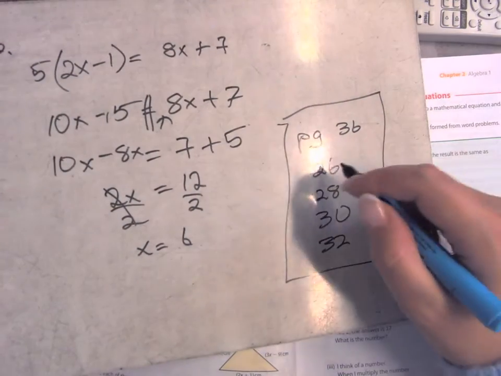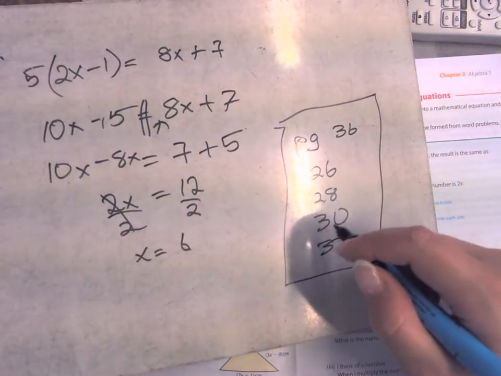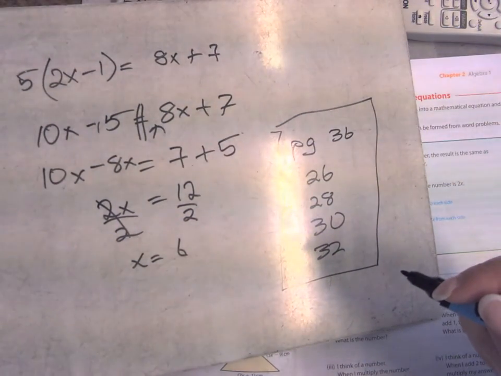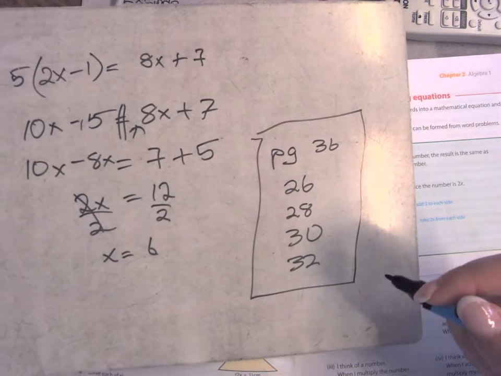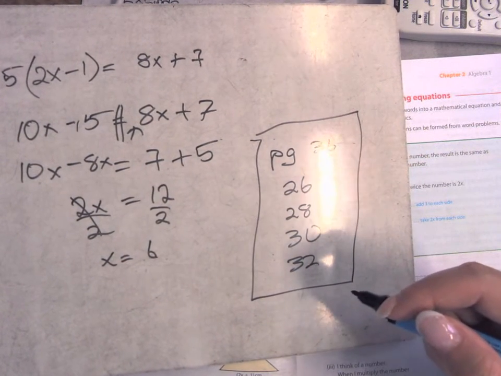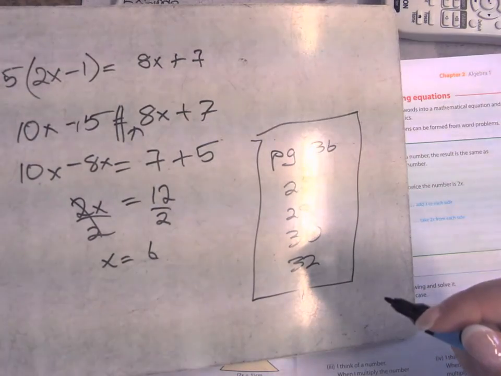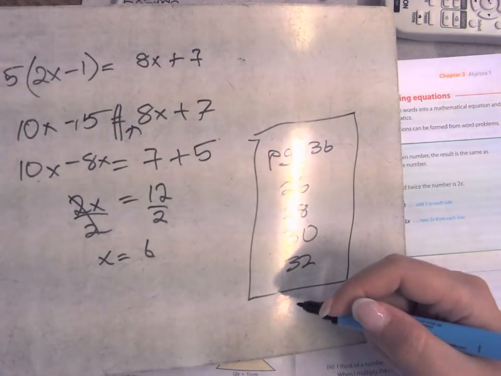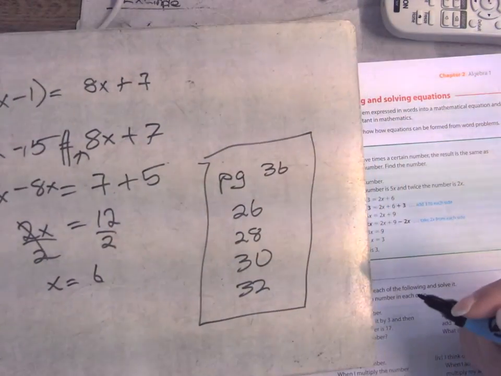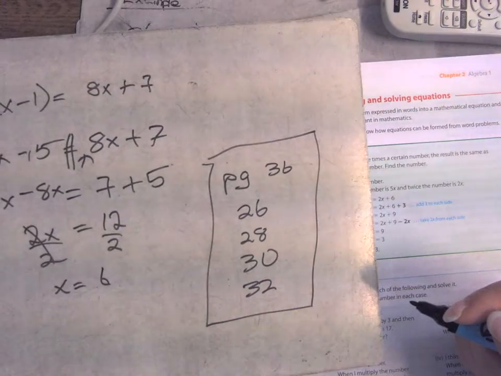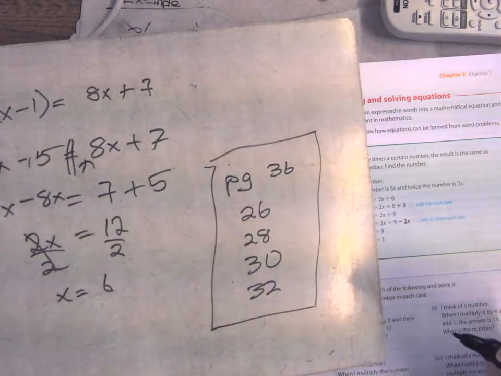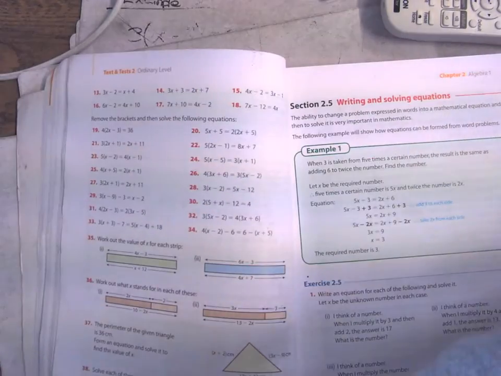So page 36, 26, 28, 30, 32. Okay, so there'll be another small bit in a minute. Right, are we good? Right, okay.